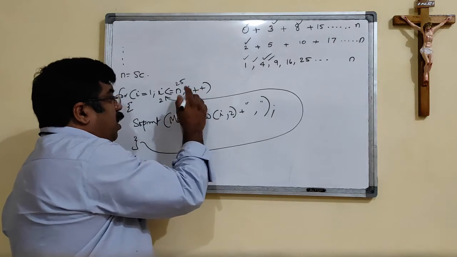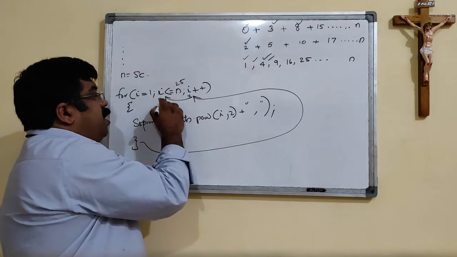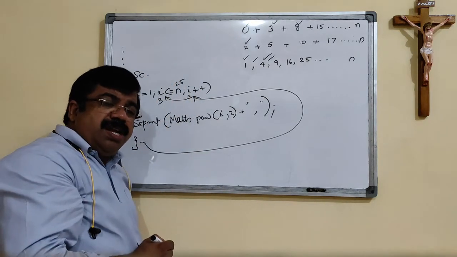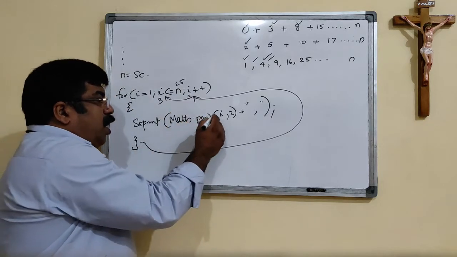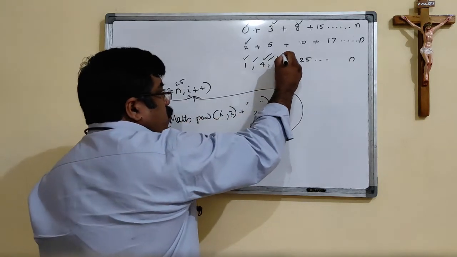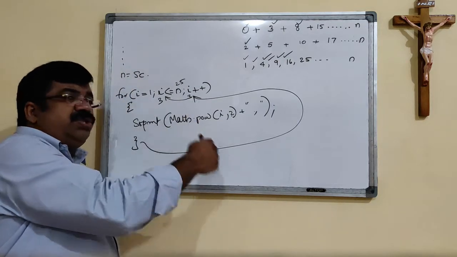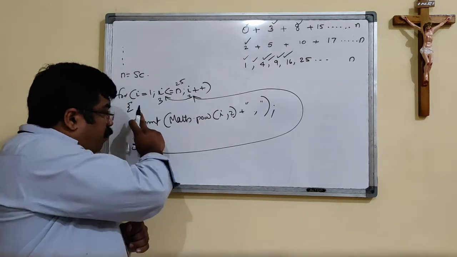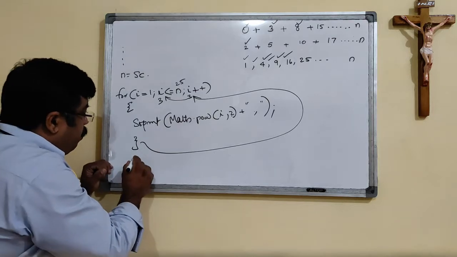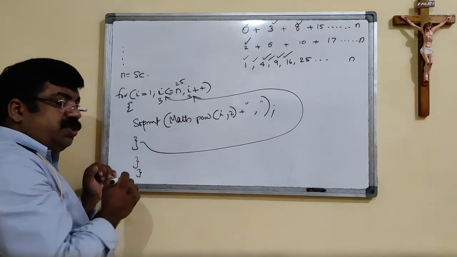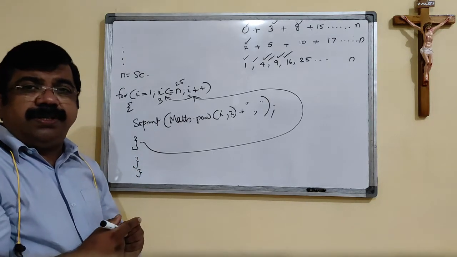I became 3. 3 less than the limit n, condition is true. 3 into 3 is printed, 9 will be printed with the comma, and so on it is going. When the loop is over, main is closed, class is closed.